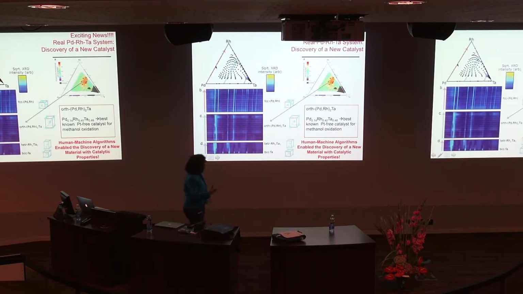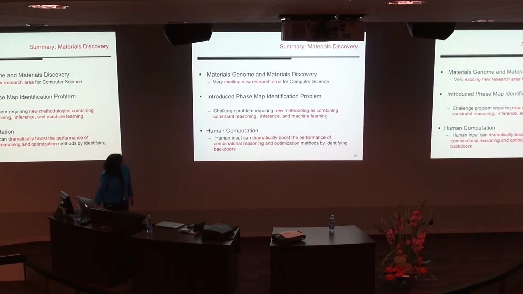Our collaborators actually found, due to our algorithms where we characterize the search space very rigorously, including the shift, etc., these are details, they were able to identify a new catalyst for methanol oxidation that is platinum-free. So very exciting. So, this has been a very interesting area.